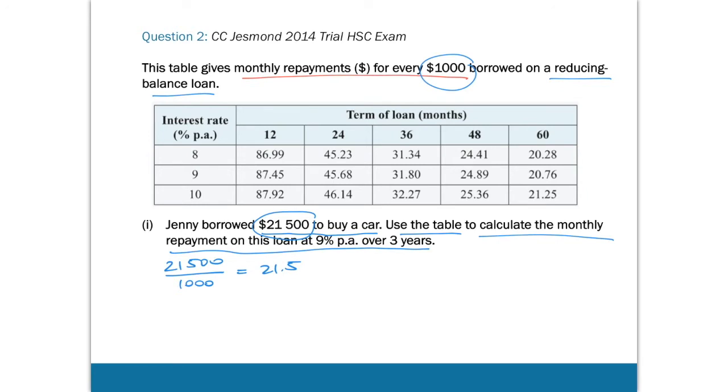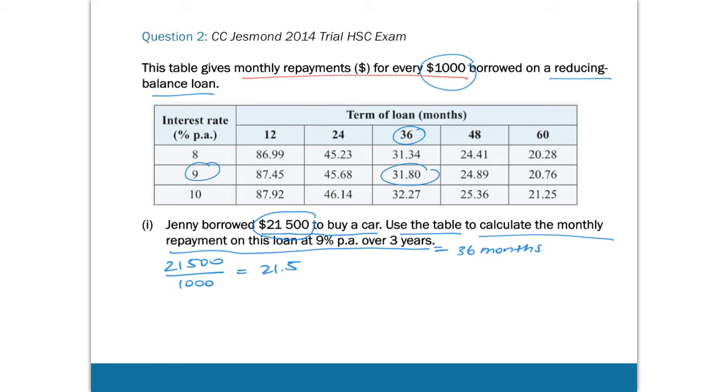Now we need to work out what factor we're going to use in the table. It's monthly repayments on this loan at 9% over 3 years. 3 years has 36 months. So now we just line up 36 and 9% per annum, and our factor is 31.8.